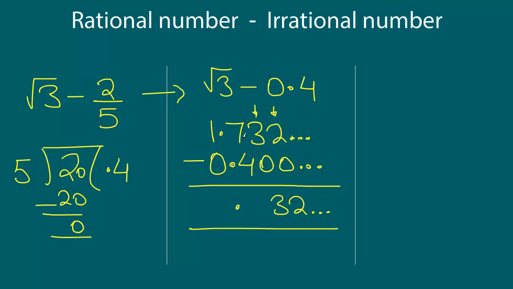For the first decimal place, 7 minus 4 is 3, and here we have 1. So the number we are left with is 1.332..., which is non-terminating, non-repeating. So again, we get an irrational number.